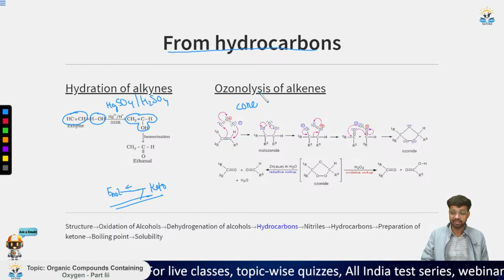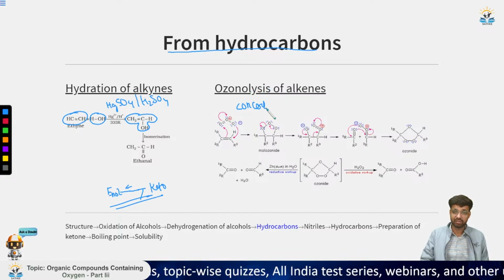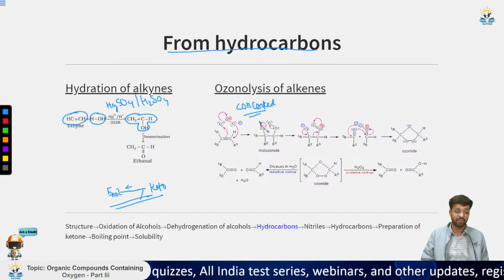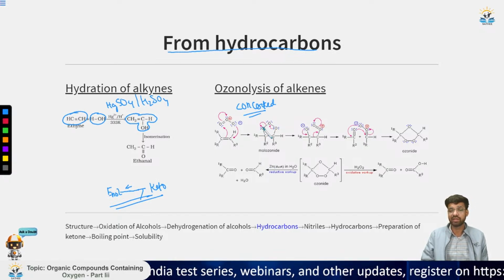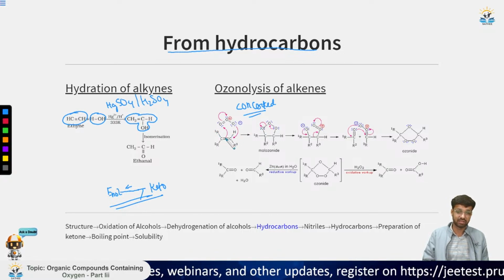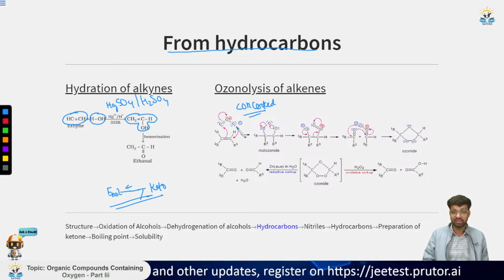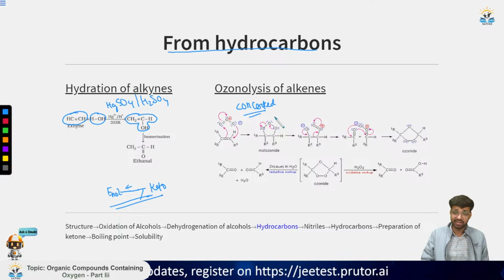This concerted reaction is not much emphasized in the 12th or JEE part, but it is a part of most reactions. So it does not happen like this: first the double bond goes, then this electron density moves, and then this attacks here. It happens in one step only, and we get this kind of intermediate.